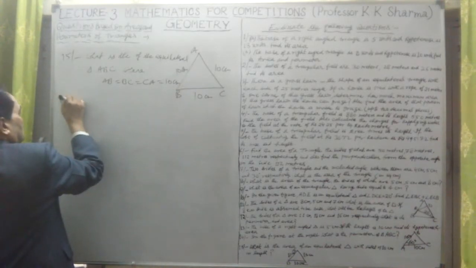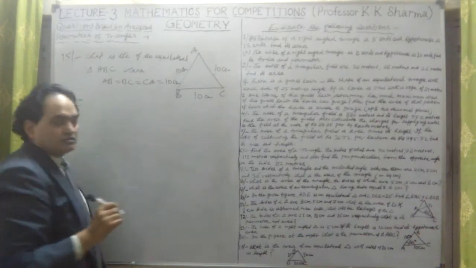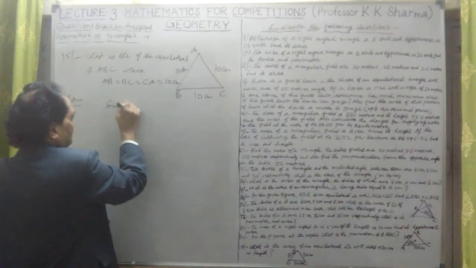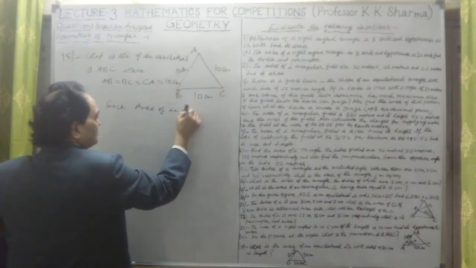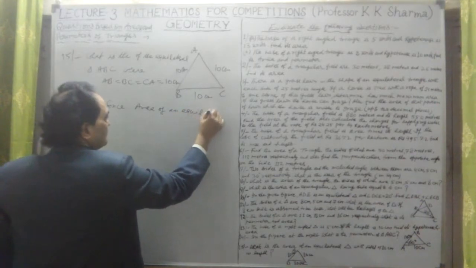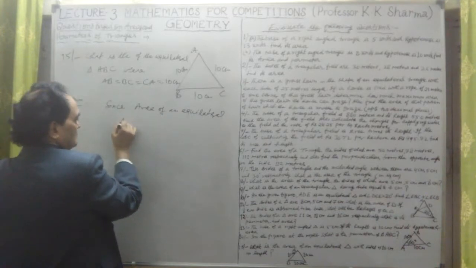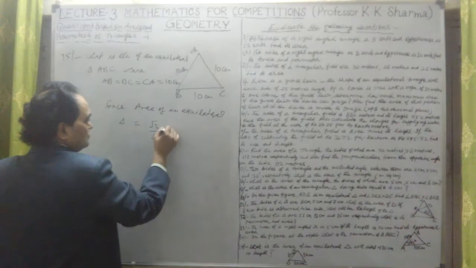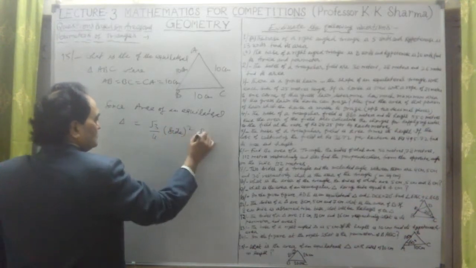Solution here. Now we know the area of an equilateral triangle is equal to root 3 by 4 into side square unit.